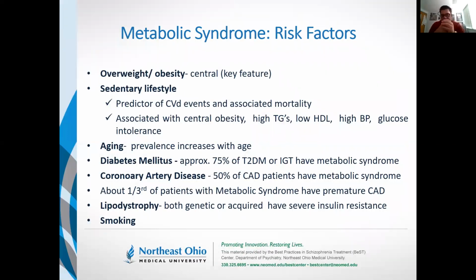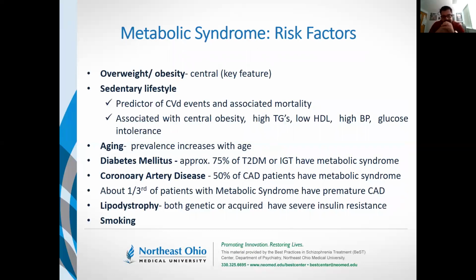So risk factors. The main one is central obesity or being overweight, having a sedentary lifestyle, which is a strong predictor of cardiovascular disease events and associated mortality. Sedentary lifestyle is also associated with central obesity, high triglycerides, low HDL, high blood pressure, and glucose intolerance. Age, so prevalence does increase with age.